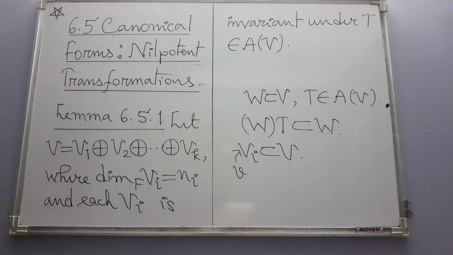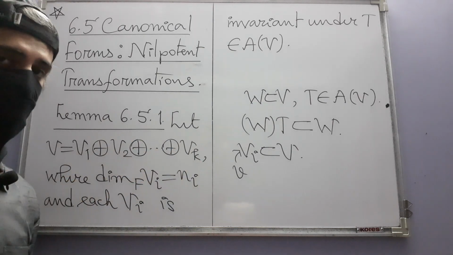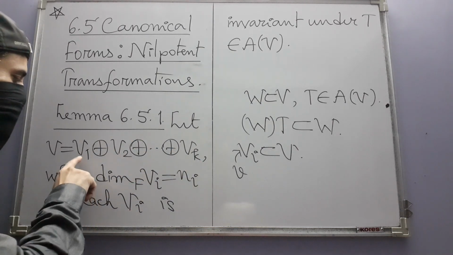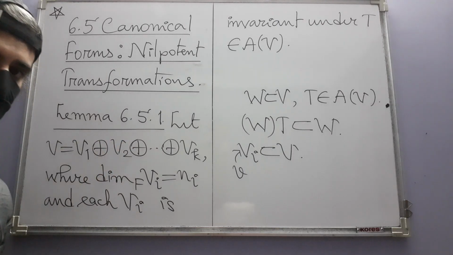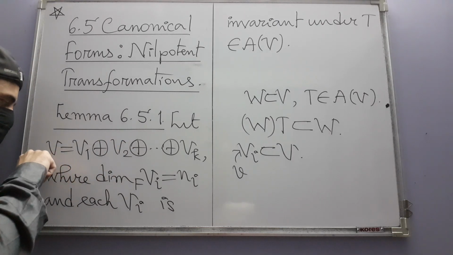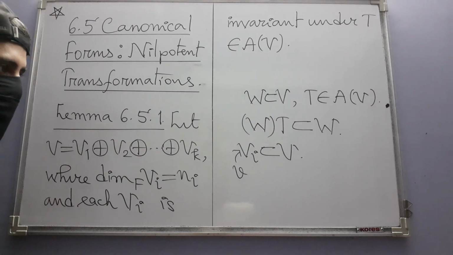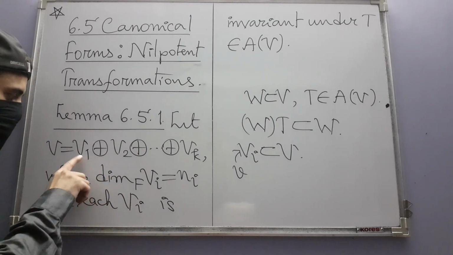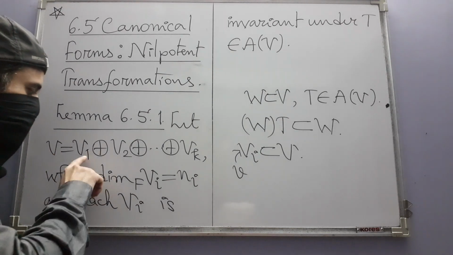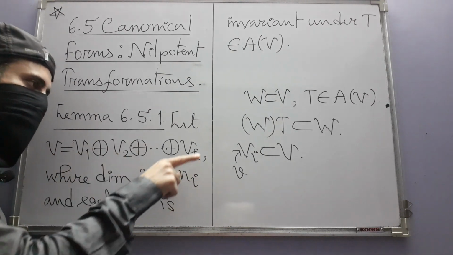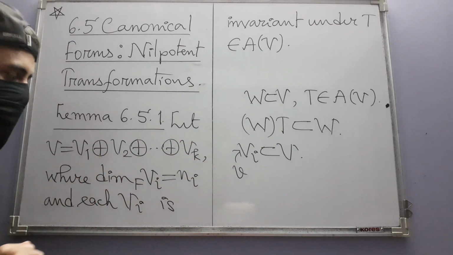You may remember that when you form a direct product, a direct sum like this, you very naturally find subspaces of V isomorphic to these Vi's. To be more specific, say we think of V1. V1 itself is not a subspace of V if we are strictly thinking of the things.